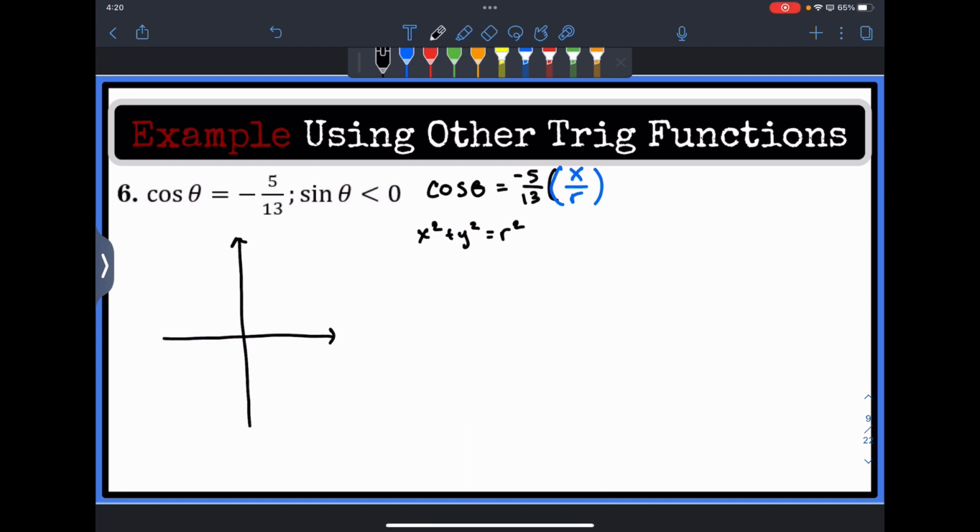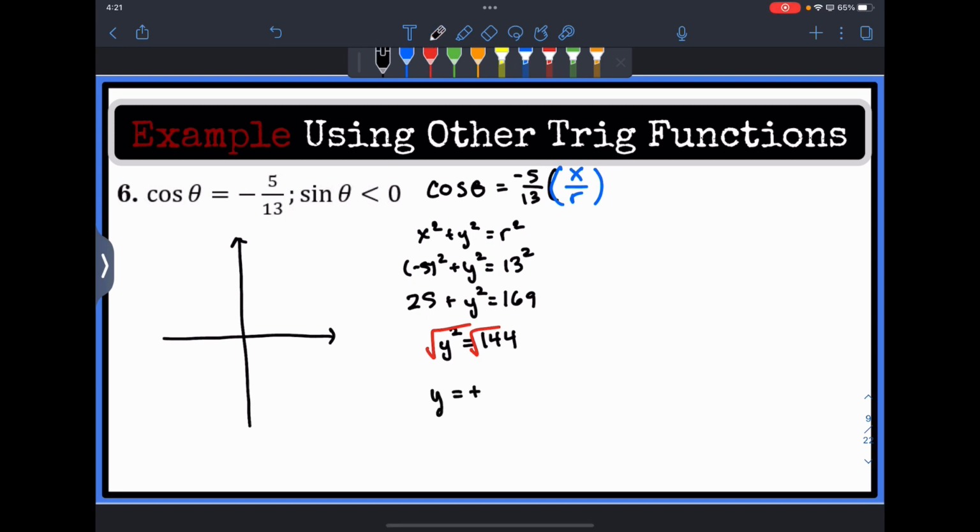We know that x is negative 5, we don't know what the y value is, and r is 13. So this is 25 plus y squared equals 169, and that's going to give us a total of 144. Taking the square root of that number, we get that the value of y is positive or negative 12.